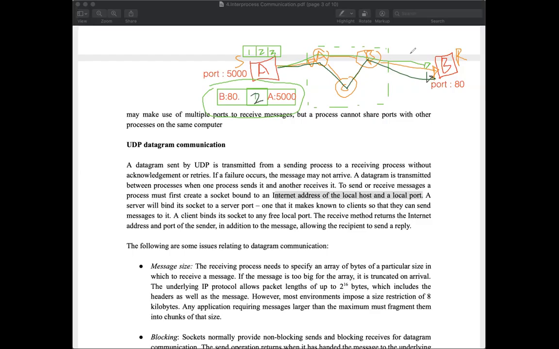It does not mean that all the packets will transfer through the same routers. In UDP, it does not make a connection.